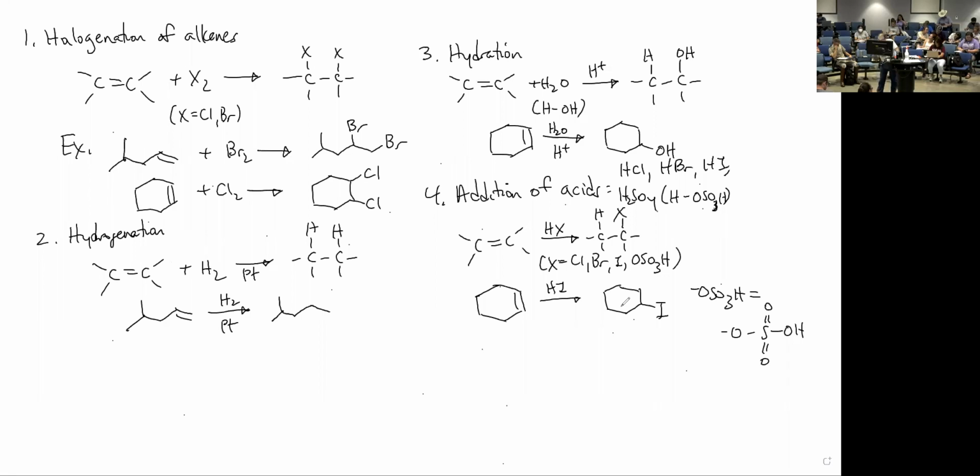If instead we treated cyclohexene with sulfuric acid, well, then one of those two formerly alkene carbons, which now have a single bond instead of a double bond, will attach an H. The other, you would attach the bisulfate group. But conceptually, all four of those reactions are the same. You change the double bond to a single bond, and then on the two formerly alkene carbons, you attach an H to one of them, and whatever the other piece is to the other, whether that's Cl, Br, I, or bisulfate. And that's all there is to it.